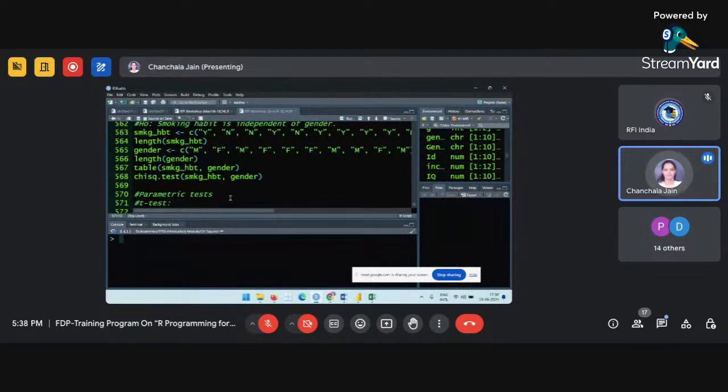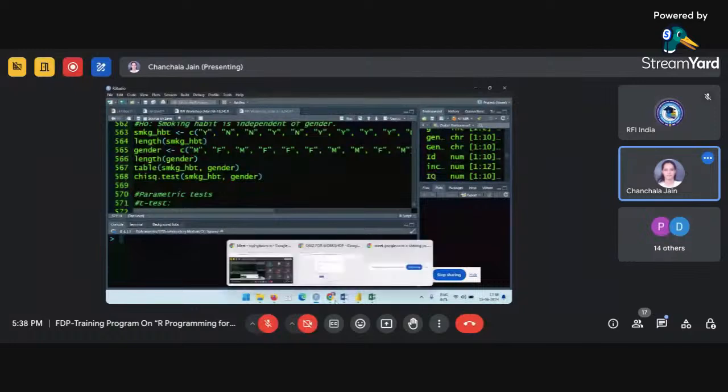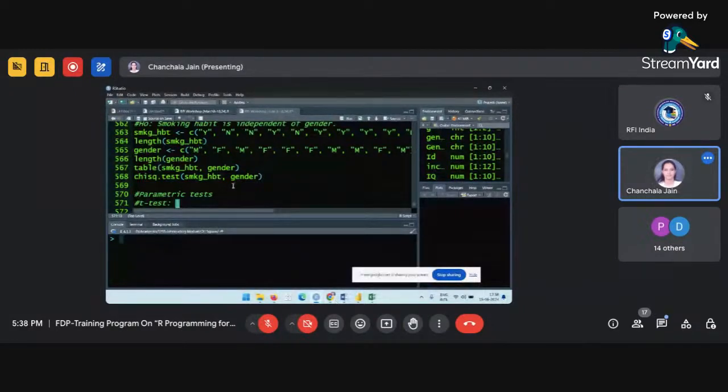Using the t-test, what can we measure? No responses? Okay, fine. The t-test is generally used to find the significant mean difference.